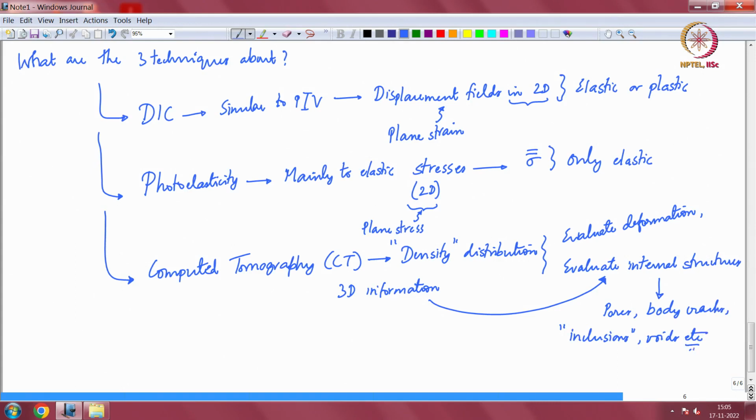Some of these will be clearer as we introduce this idea of doing inversion in tomography, but I will leave them within quotes like this right now.